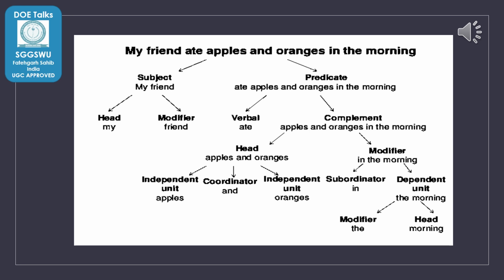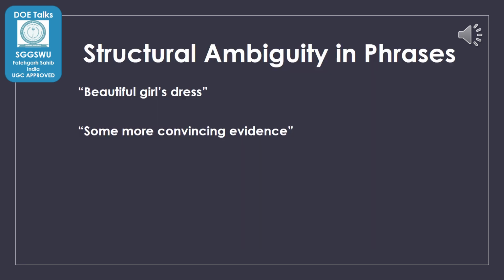Now this example seems quite an easy one, but the situation becomes problematic when we come across ambiguous phrases. Such ambiguous sentences, for example, let's take this example, "beautiful girl's dress" and "some more convincing evidence." Now in these two, let's take the first one.